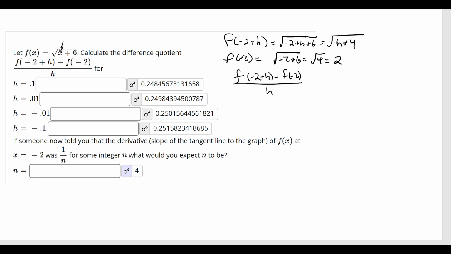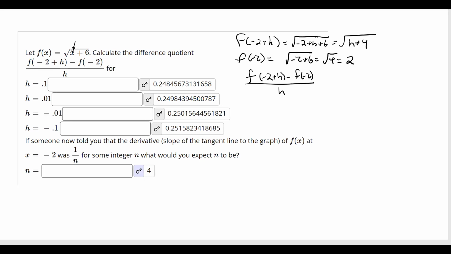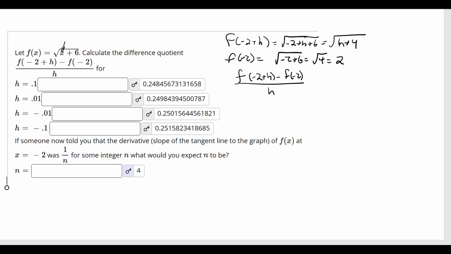And I'm going to multiply that by, and this is the part that I think, well, before I multiply it, let's write what that is. That's the square root of h plus 4 minus 2 all over h. Okay, I got a little ahead of myself. We're going to have to multiply, and this is where, if you didn't have a strong footing in radical equations or simplifying radical expressions, it can get difficult.